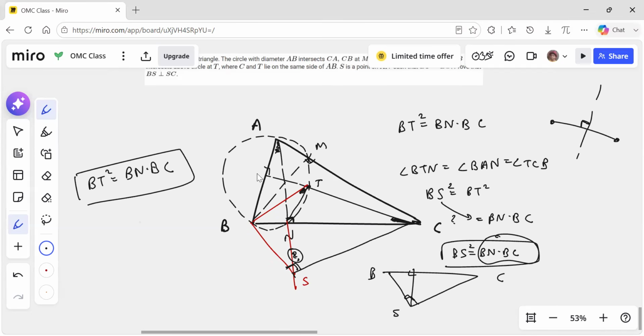Okay, let's call this MNK. Nice. So what is BN times BC? Can you just give me a nice name for it? I mean, any other relation you can get? Anyone?